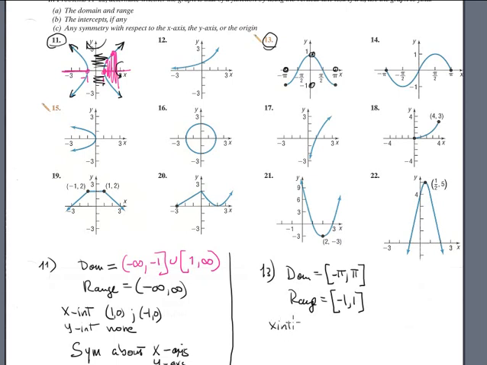The x-intercepts are this point and this point: (pi/2, 0) and (-pi/2, 0). This is the x-intercepts, and the y-intercept is this point, (0, 1).